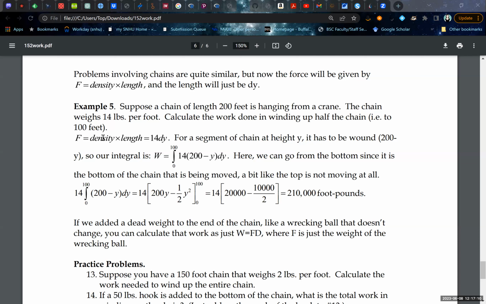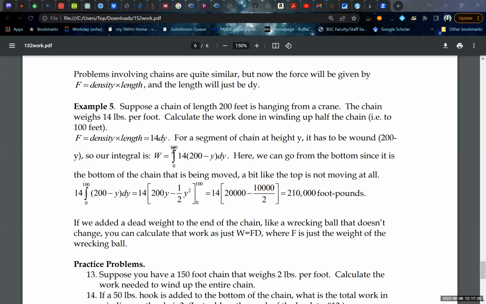So our force unit is 14 dy. Our length, the distance each piece has to be moved, is 200 minus y. So we multiply our force times our distance together. And then we integrate from when the chain is fully extended at 0, and then we're winding it up to 100, 0 to 100.